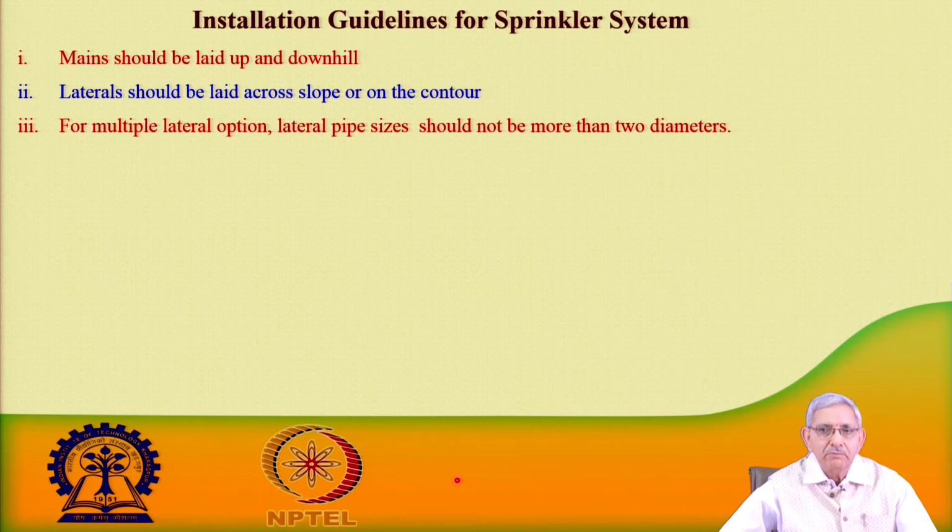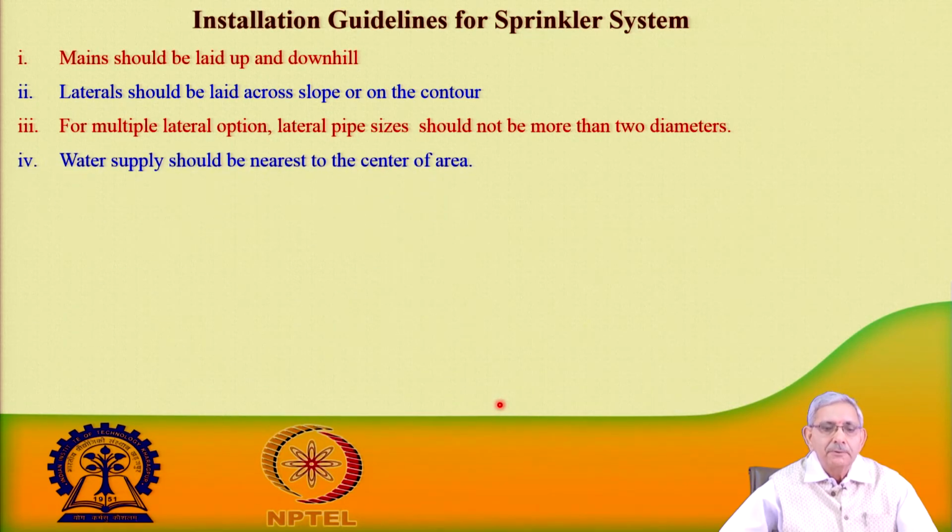Then for another 50 meters you get another size, and like this there could be 4 pipe diameters from the economic point of view. But when this is to be done manually, too many sizes cause confusion. So, it is better that lateral pipe sizes should not be more than 2 diameters. That is one part from the operational point of view.